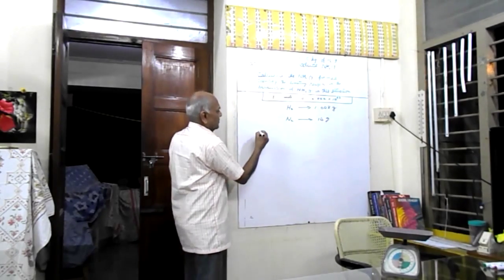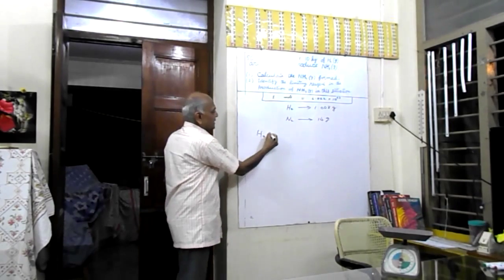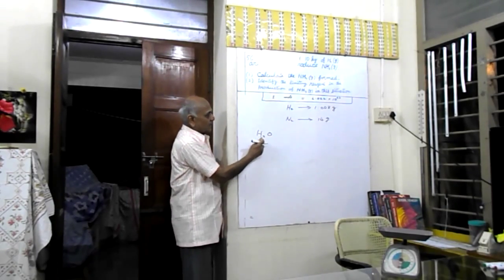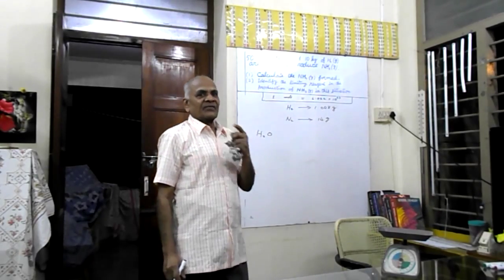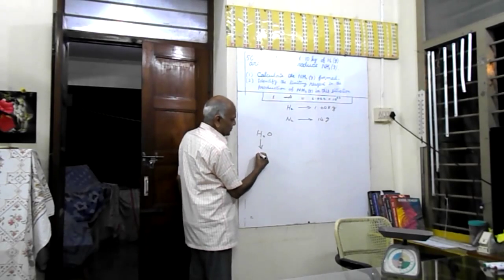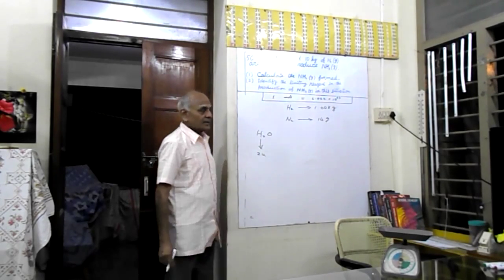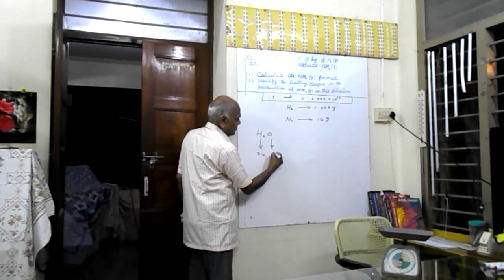Another example, let us see. We know water, H2O. Each molecule contains 1 oxygen atom and 2 hydrogen atoms. Hydrogen atom, let us take it roughly as 1. So the mass of 2 hydrogen atoms will be 2U. The mass of 1 oxygen atom will be 16U.